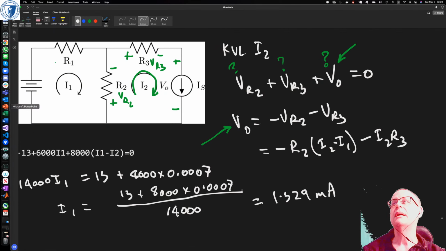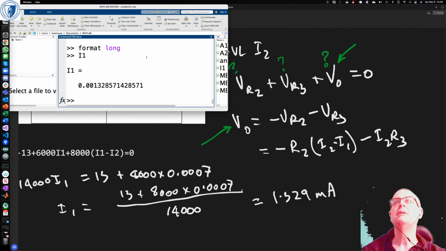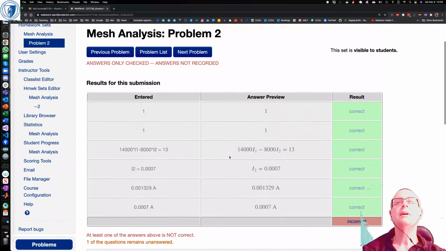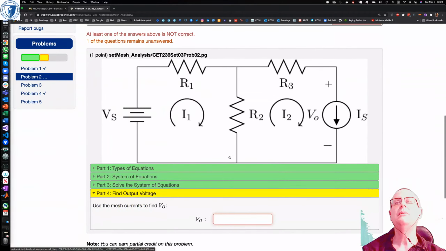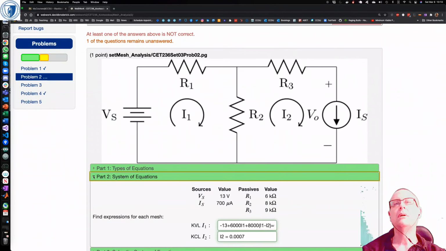So let's plug that into Matlab. Right, so V out equals, and I've forgotten what R2 is. R2 is 8,000.